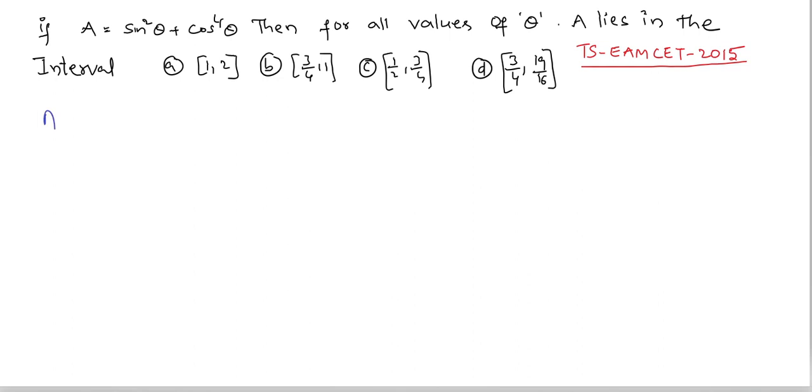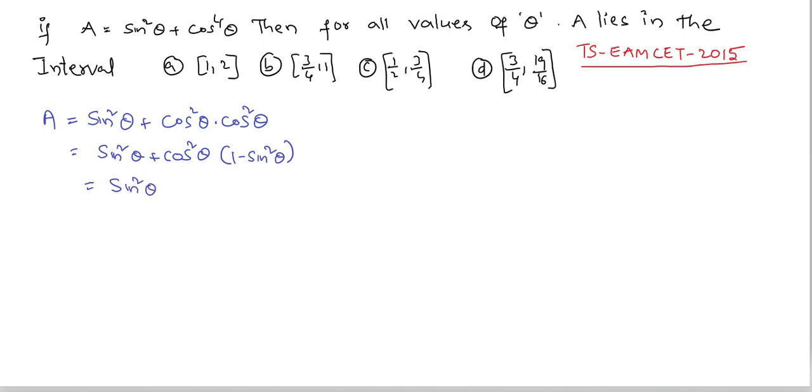Here it is given a is equal to sin square theta plus cos power 4 theta. Cos power 4 theta is written as cos square theta into cos square theta, and cos square theta is 1 minus sin square theta, so that is equal to sin square theta plus cos square theta minus sin square theta into cos square theta. So this value is 1 minus sin square theta into cos square theta.